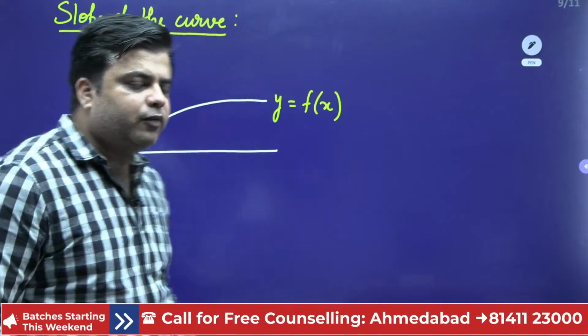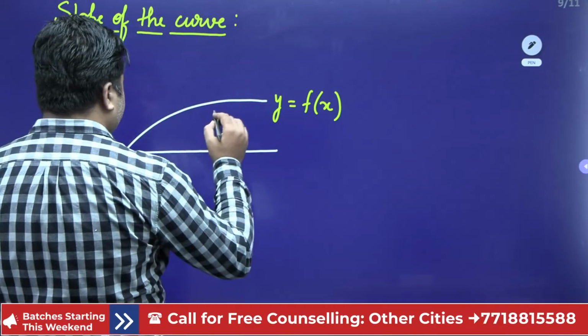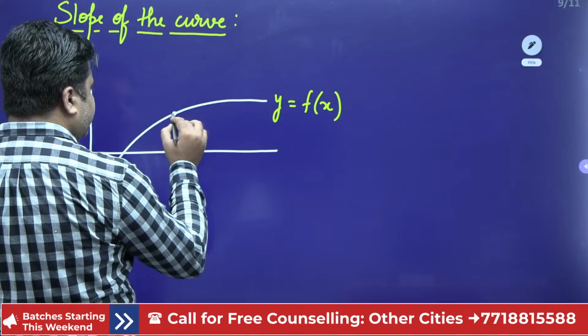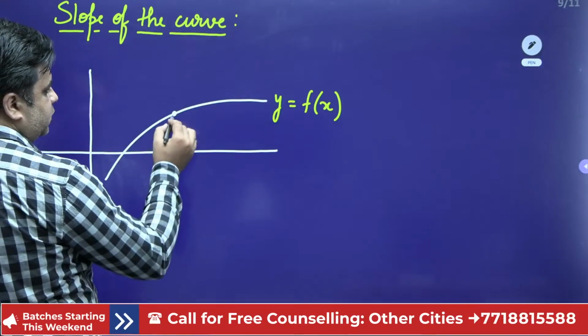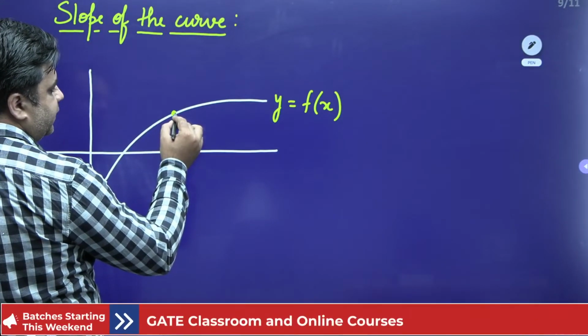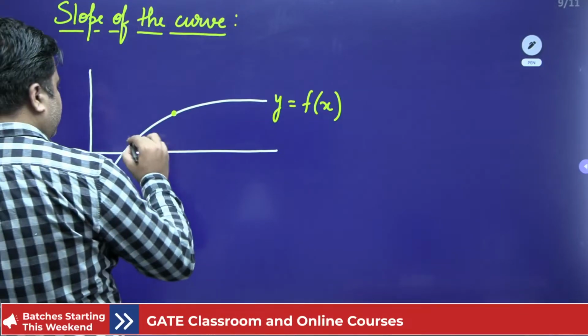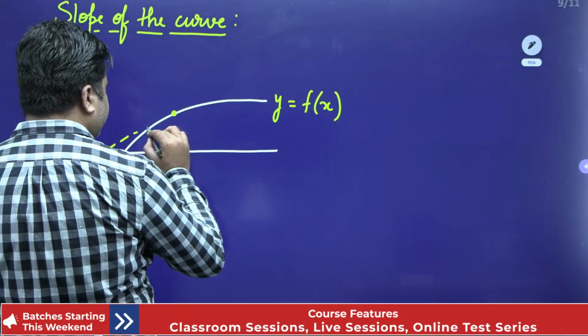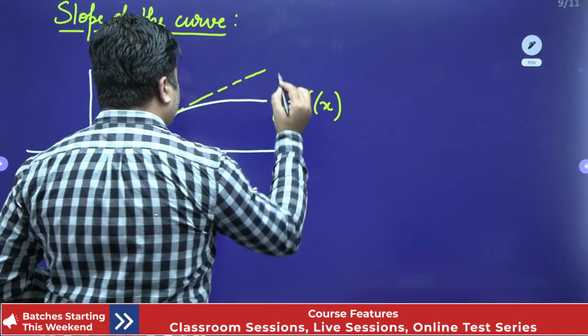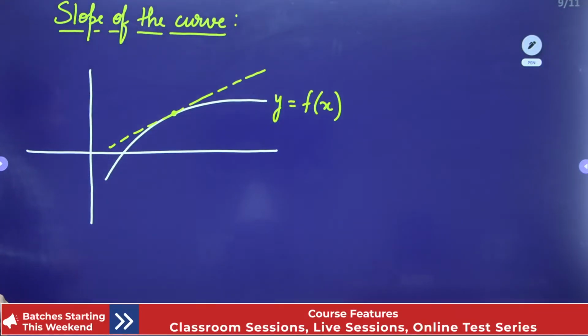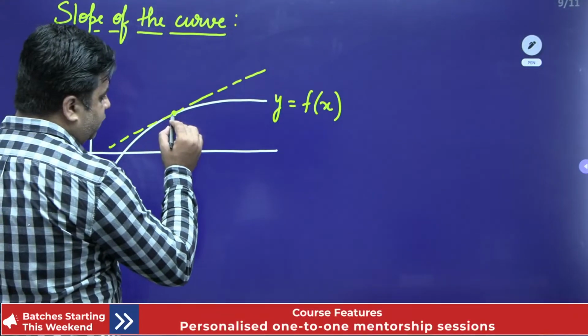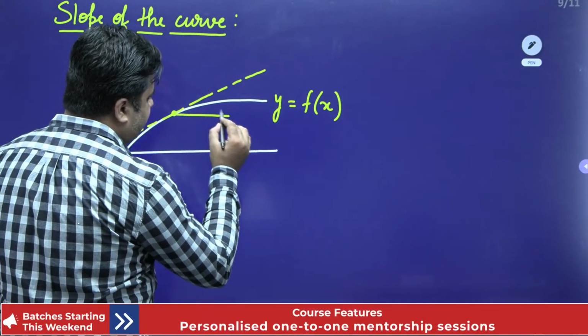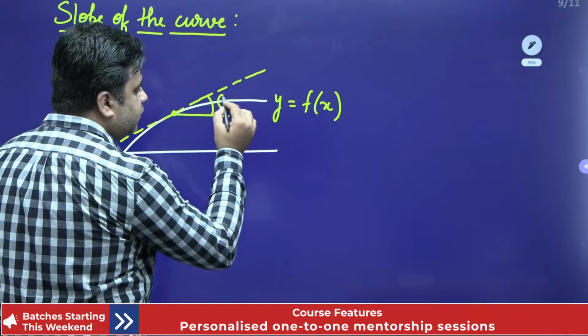The slope of the curve at any point: suppose I need to find out the slope at this point. What I will do is draw a tangent at this point. Then with the horizontal, the angle made by the tangent will be some theta.